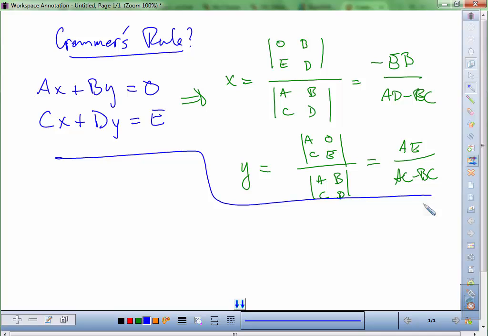It's the fundamental solutions with derivatives. y1 prime.